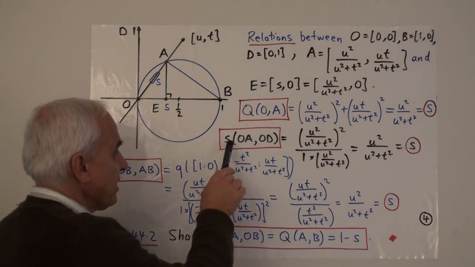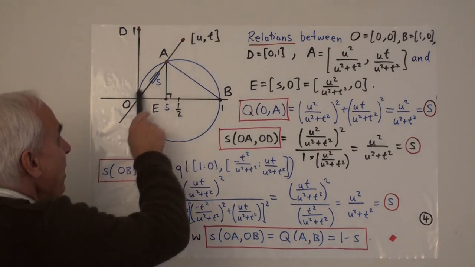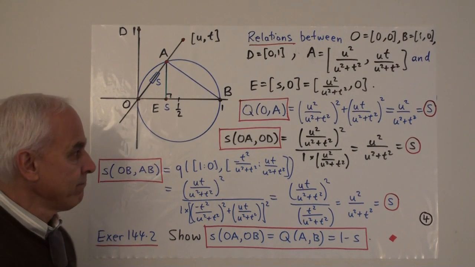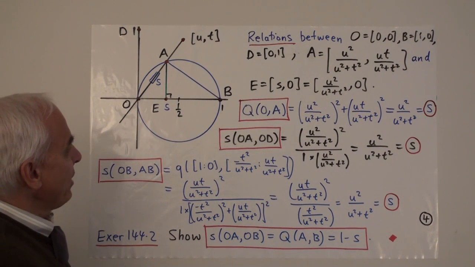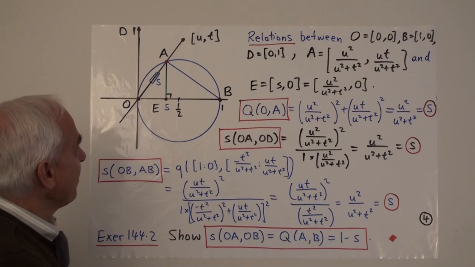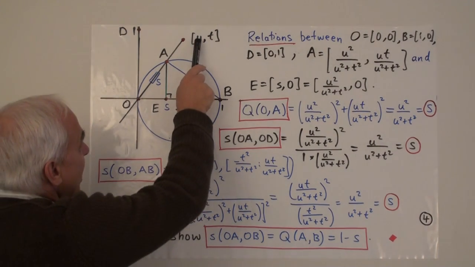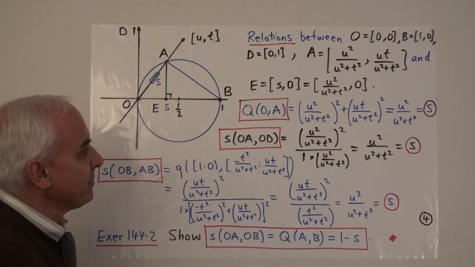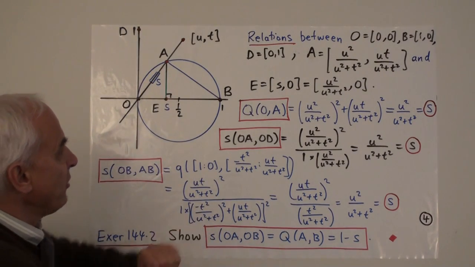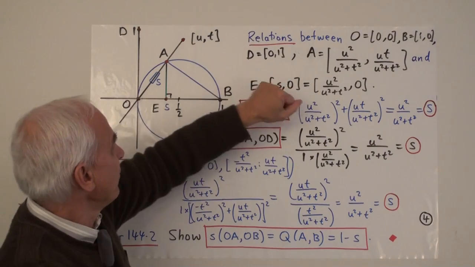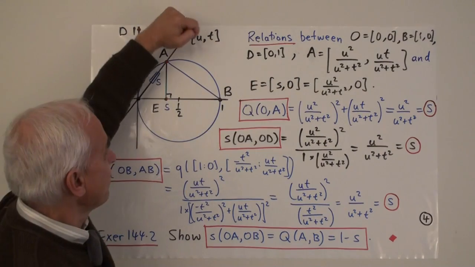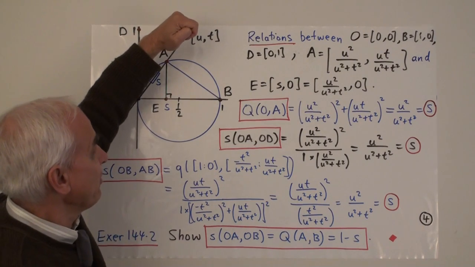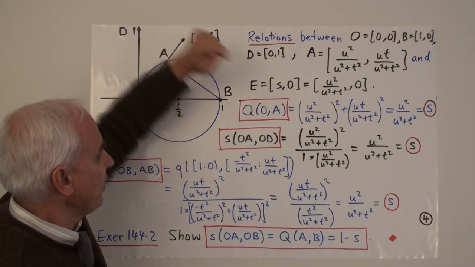Okay, next order of business, the spread between OA and OD. All right, well, what are we going to do here? This is a line with coordinate UT. This is a line with coordinate 0, 1. So basically taking the projective quadrance between 0, 1 and UT. And so it's U minus 0 all squared over u squared plus t squared.